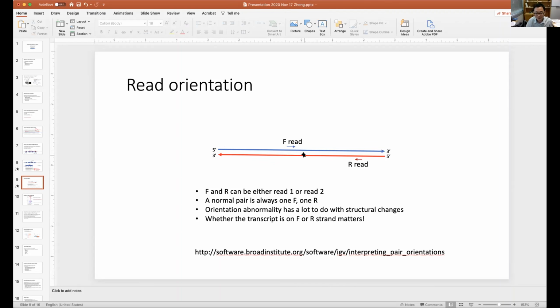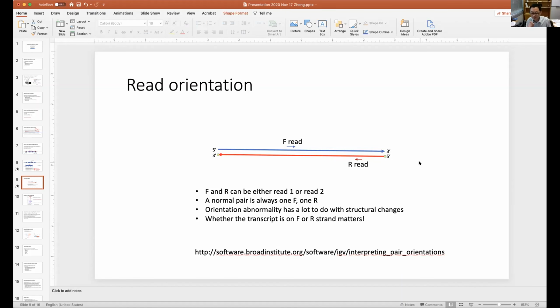So in this diagram, the blue is the plus strand, and the red is the minus strand. The plus strand is also called the forward strand, and the minus is also called the reverse strand.